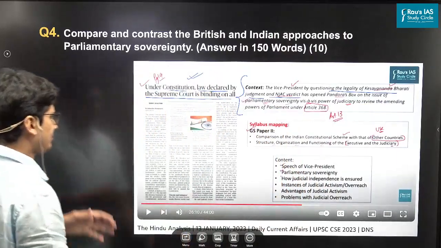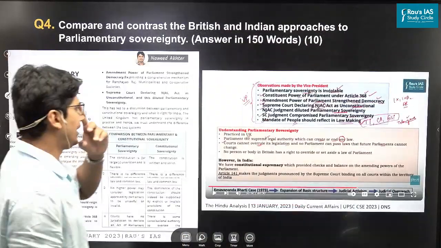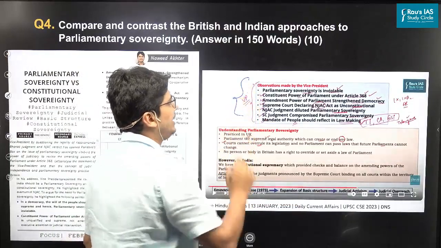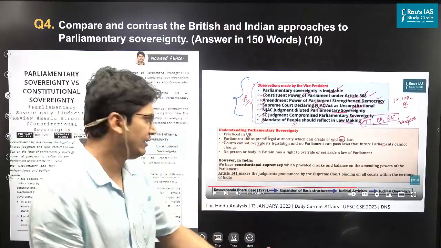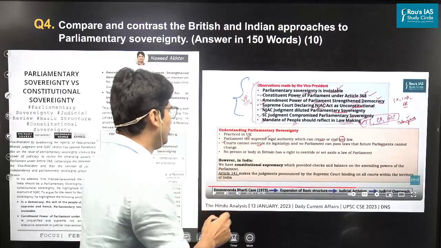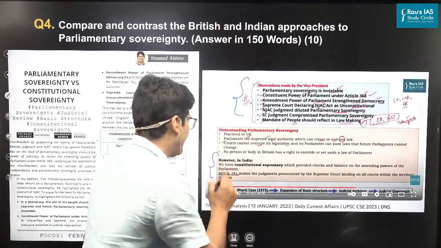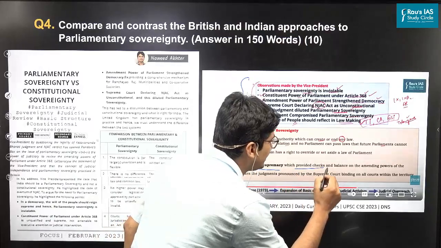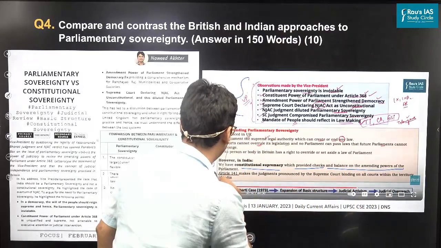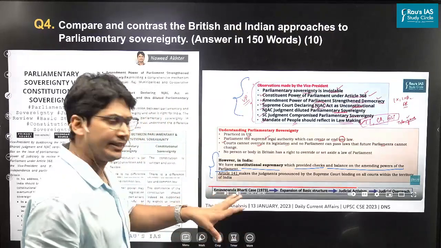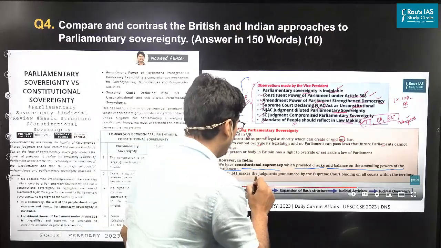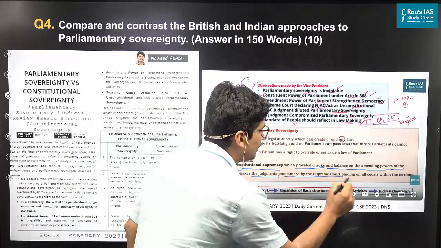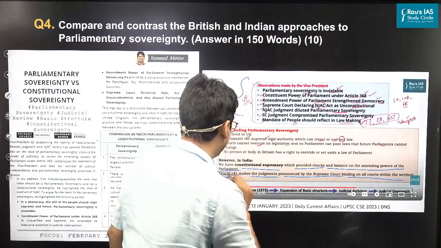So, in this DNS, this aspect of parliamentary sovereignty as practiced in Britain and India was discussed, and it was also highlighted that in India we have constitutional supremacy, which provides checks and balances on the amending powers of parliament. Article 141 of the Indian Constitution makes the judgments pronounced by the Supreme Court binding on all courts within the territory of India.